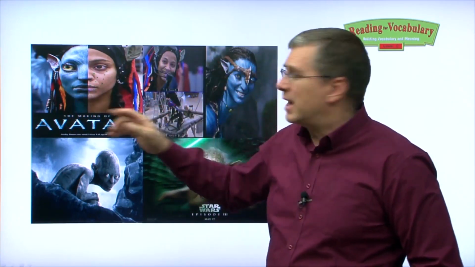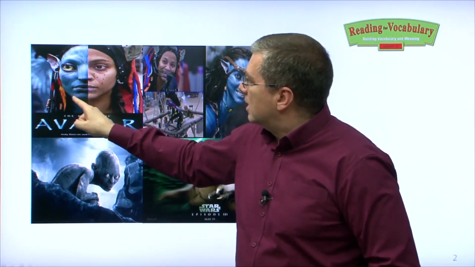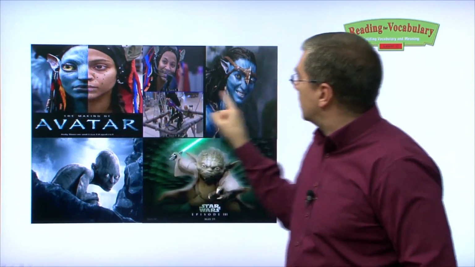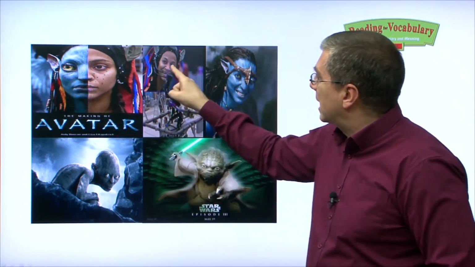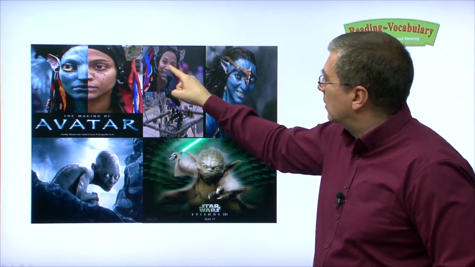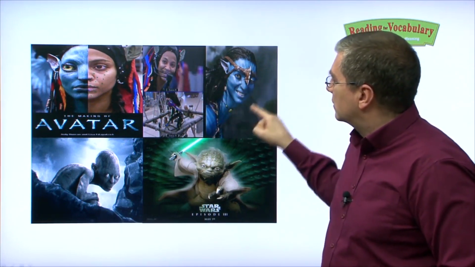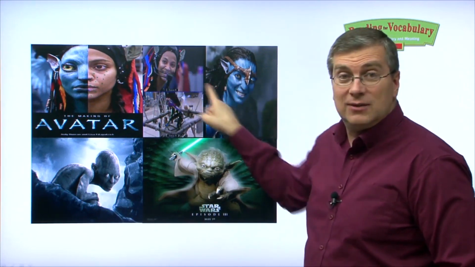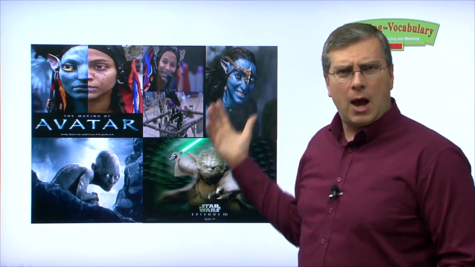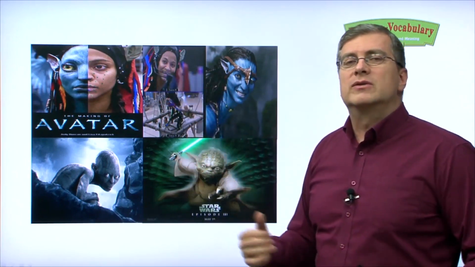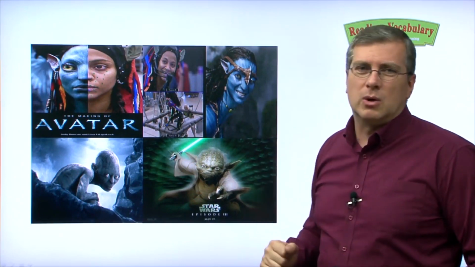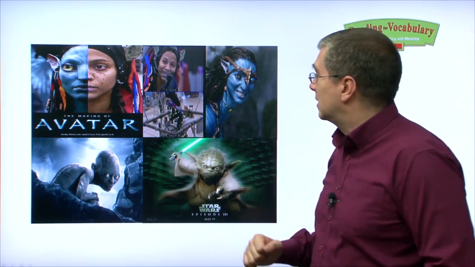I'm sorry, I forgot her name. But of course, there's no creature that looks like this, right? This is her again, and this is what she looks like in real life. This is what she looks like in the movie. Look at the difference. Isn't that amazing? How can they do that? Well, they use computer graphics, and that's what we're going to learn about in this lesson.